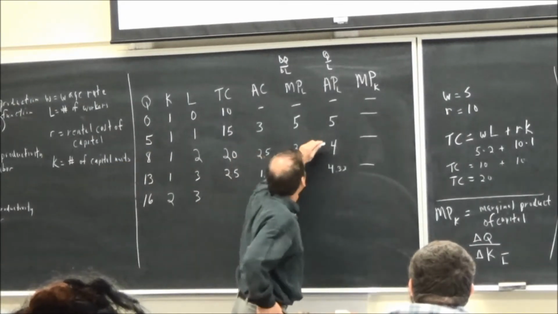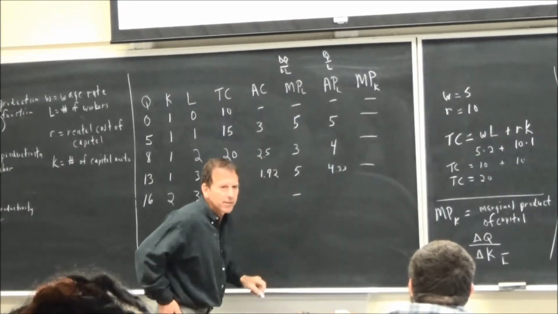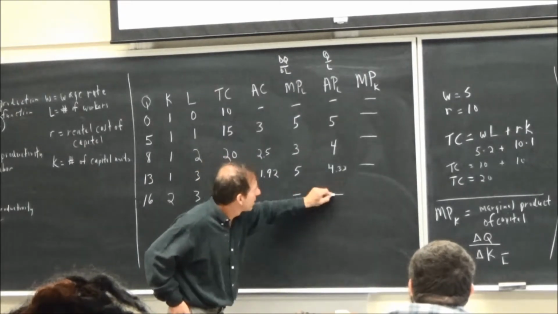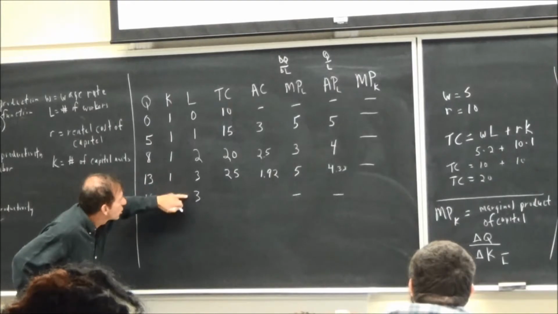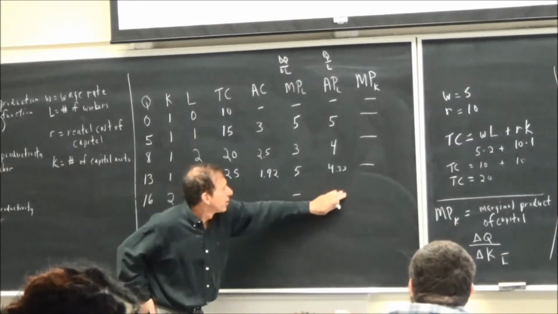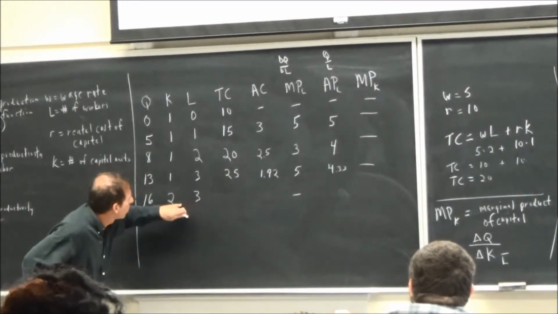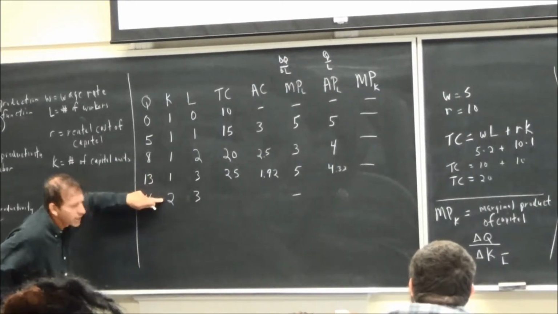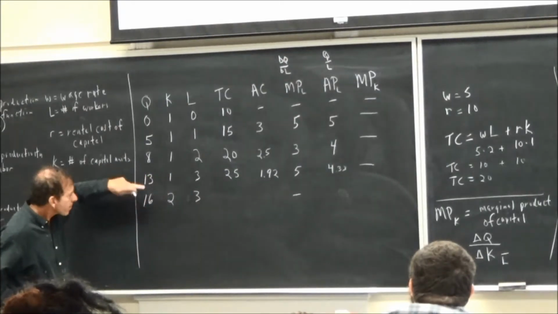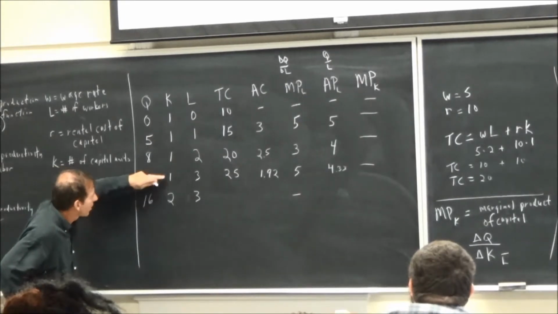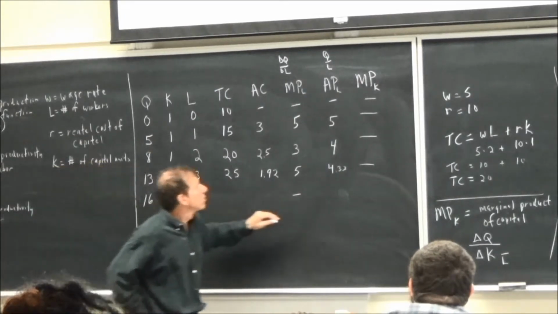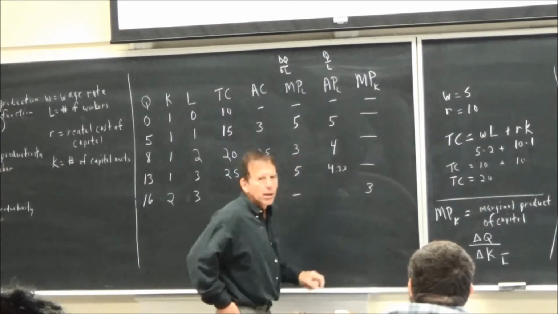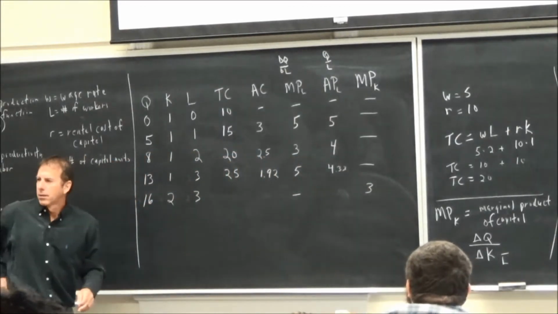So here we wouldn't be able to do a marginal product of labor because we're not changing labor, but we are changing capital. In that case, output goes up by 3, capital goes up by 1, so our marginal product of capital would be 3.